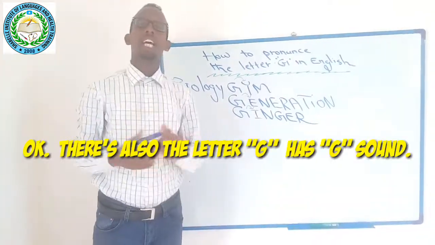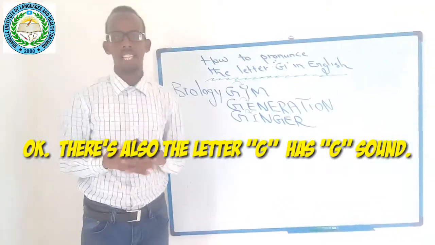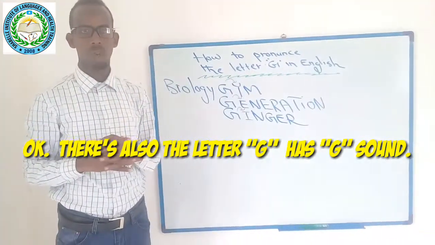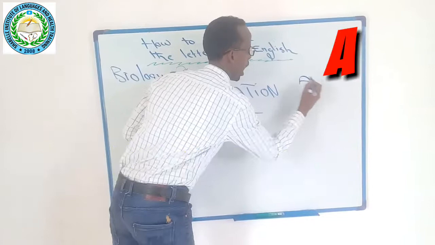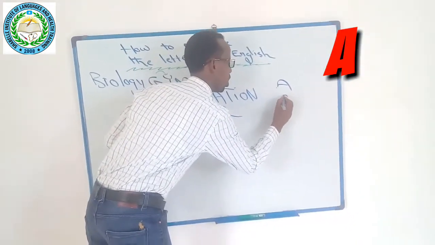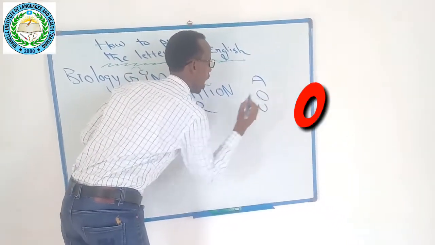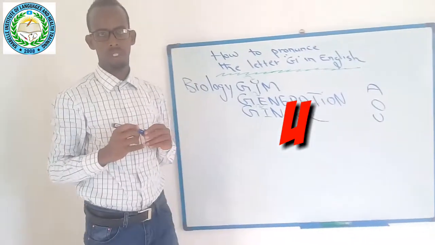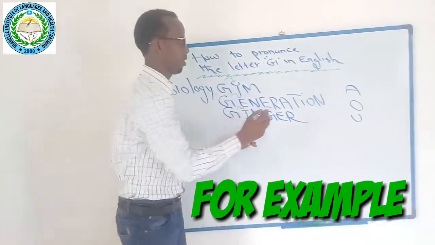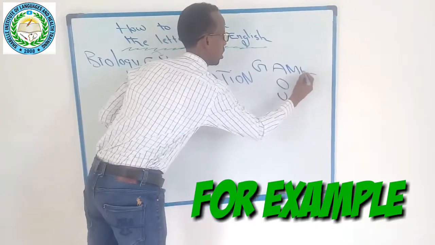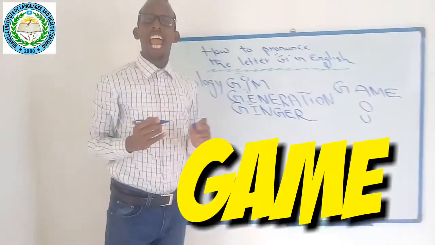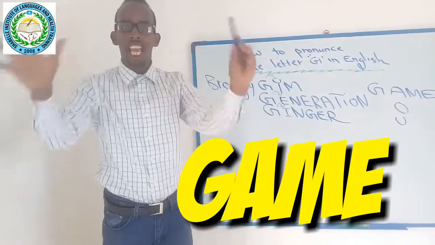Okay, the letter G has the G sound when it's followed by A, O, and U. For example, game.